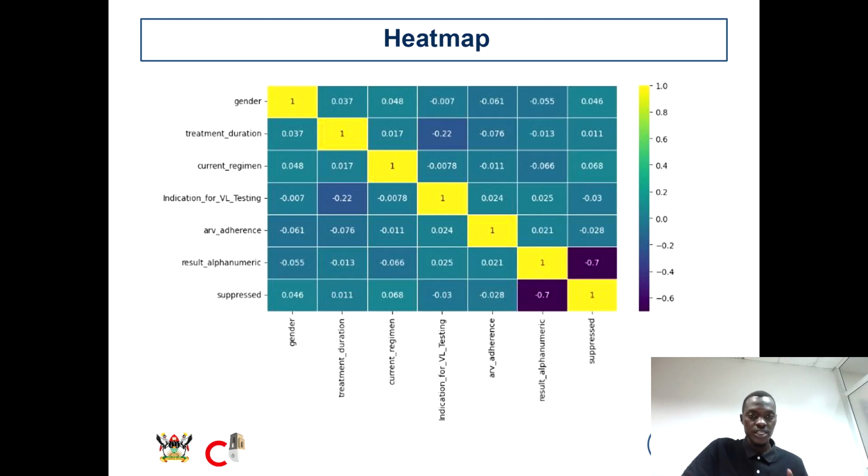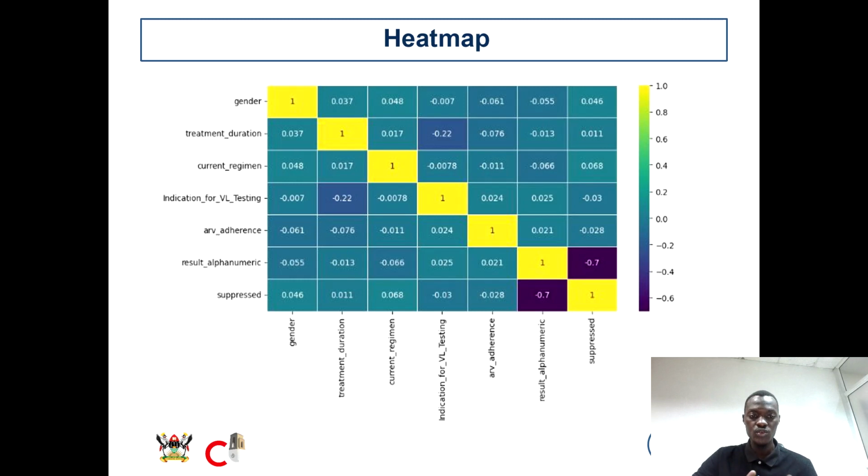So these are the algorithms that we have used with the data set that we are having. The heat map is simply showing a correlation between the different variables, in a range of -1 to 1. So realize that an increase in suppression, if you see suppressed, it reduces the result alphanumeric. It reduces the viral load of that patient.